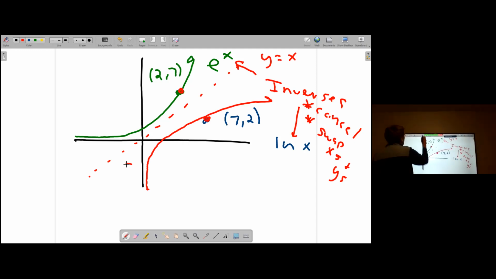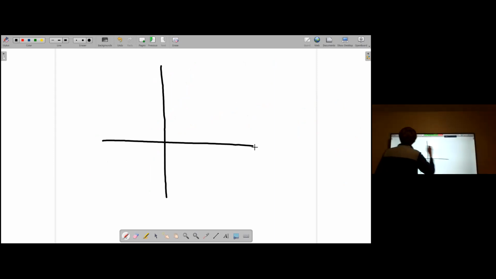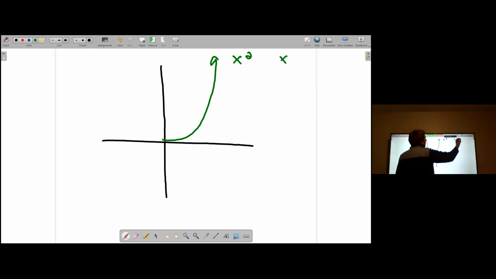So just to do another example of that, let's say I was to look at x squared, just for positive values.